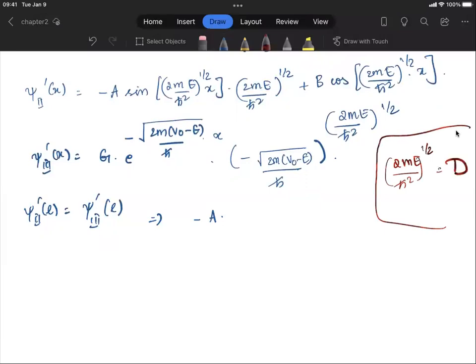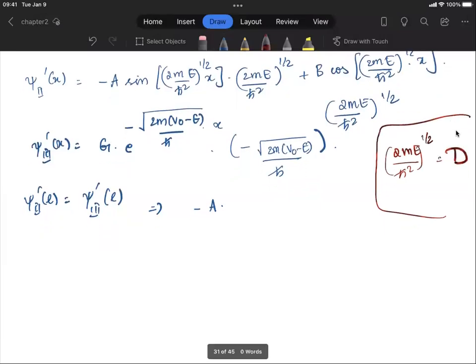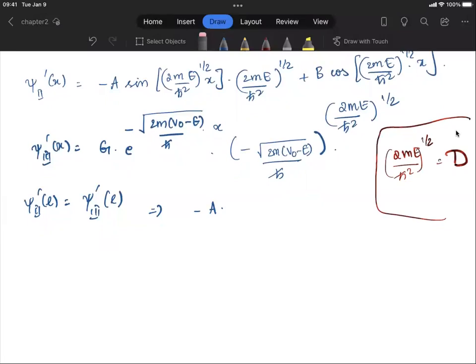Maybe I'm just going to call it d, so I don't have to write it in full every single time. It's going to be sine of dx times d.